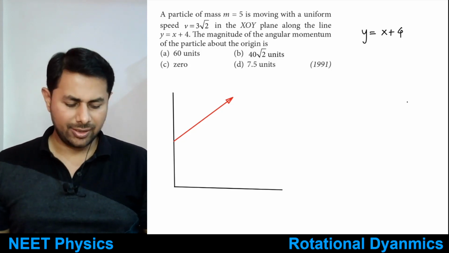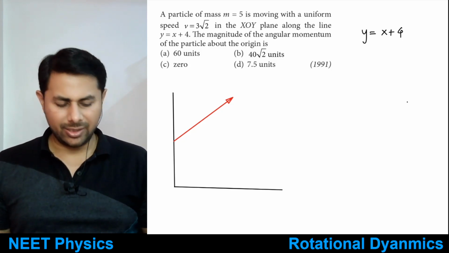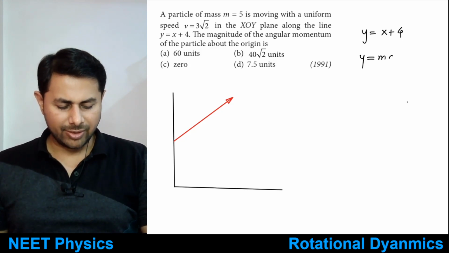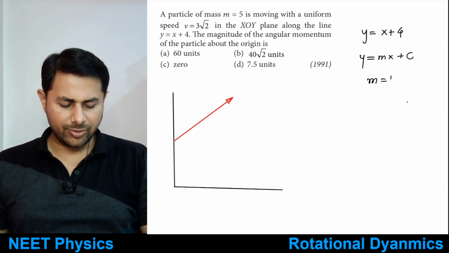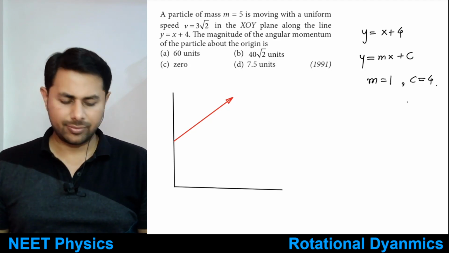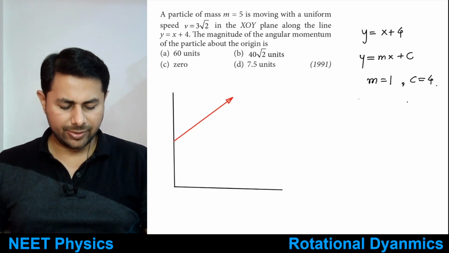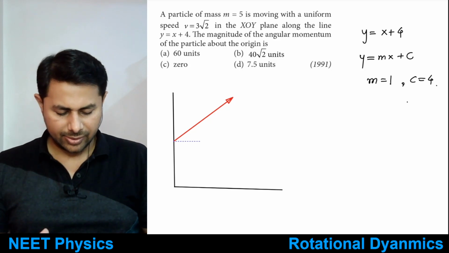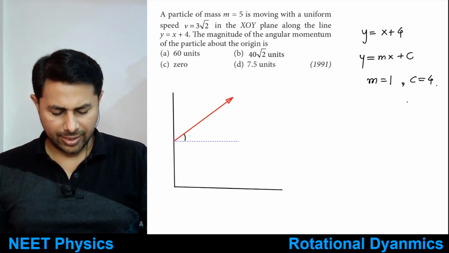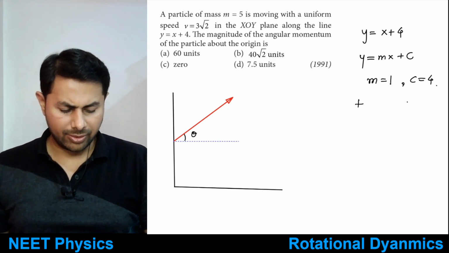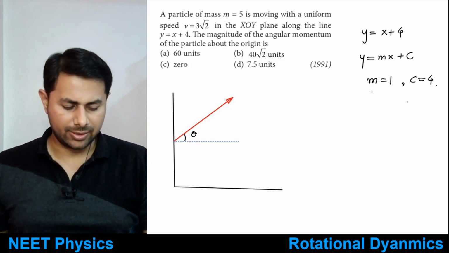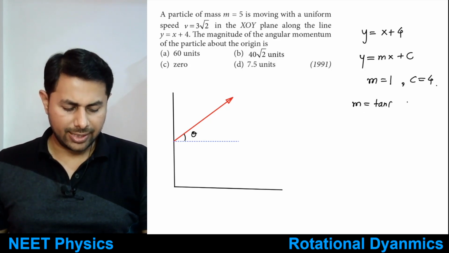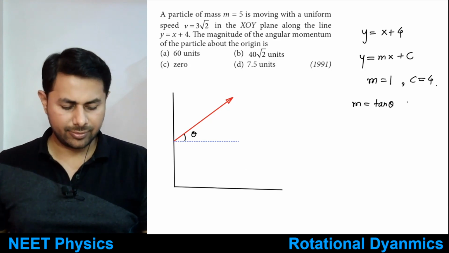So compare this with y equals mx plus c. You get m equal to 1 and c equal to 4. That means if the line is inclined at an angle theta, then m is equal to tan theta, and that is 1.